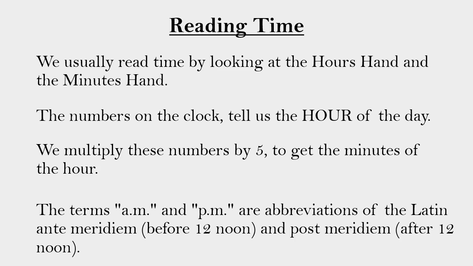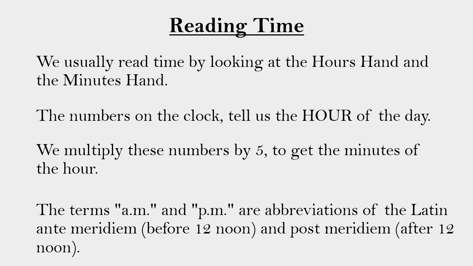Now, at the end of the time, we write AM or PM. When you're writing notices in your notebook, the teacher would have written 12 AM or 7 AM, 12 noon or 7:30 AM. Your timing on your exam says from 7:45 AM to 10 AM.